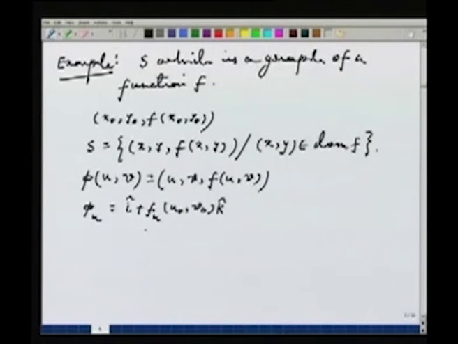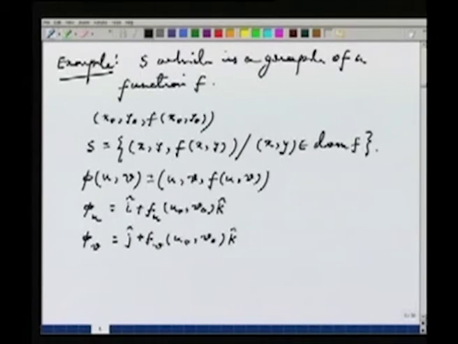In the vector notation, using i, j, k, I have written it here. Now, phi v at (u naught, v naught) is j plus f v at (u naught, v naught) k.